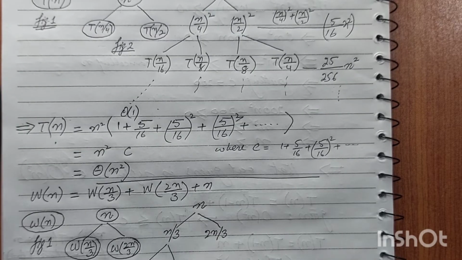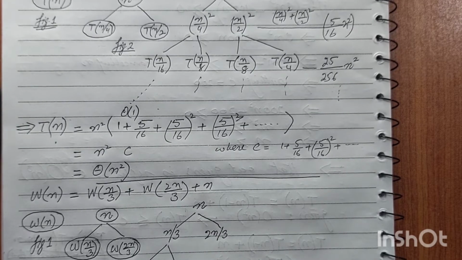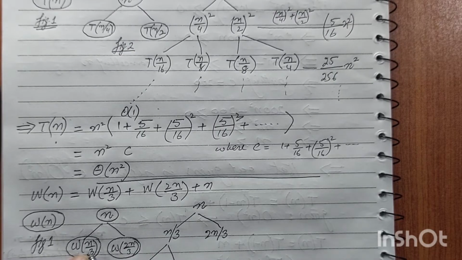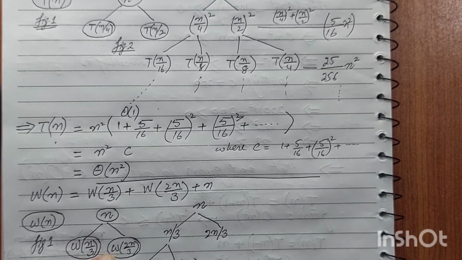So replacing n with n by 3, it will become n by 9. So w of n by 9, and it will become w of 2n by 9.